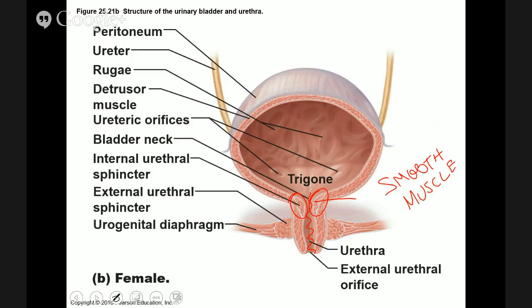So that means when it's time to urinate, the nervous system will tell these two, which are basically keeping the bottom of the bladder closed, you can relax. So the urine is going to start to make its way down through the urethra.